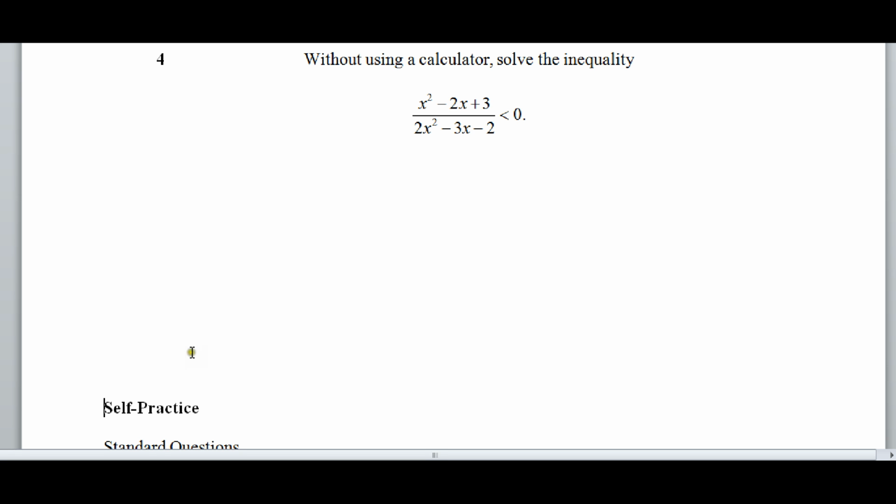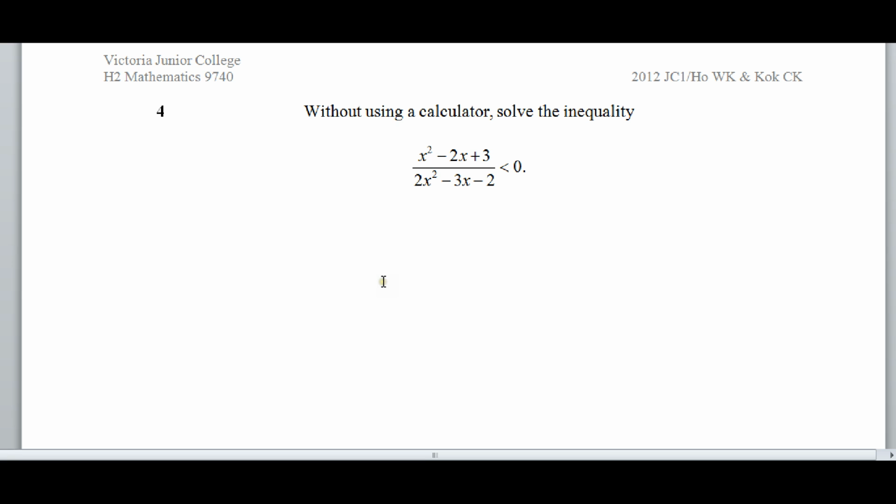Without using a calculator, solve this inequality. Many of you can solve it. I have no problems, but there are a few things that you really need to take note. The presentation is poor. You've got to say x squared minus 2x plus 3 is equals to x minus 1 squared plus 2.